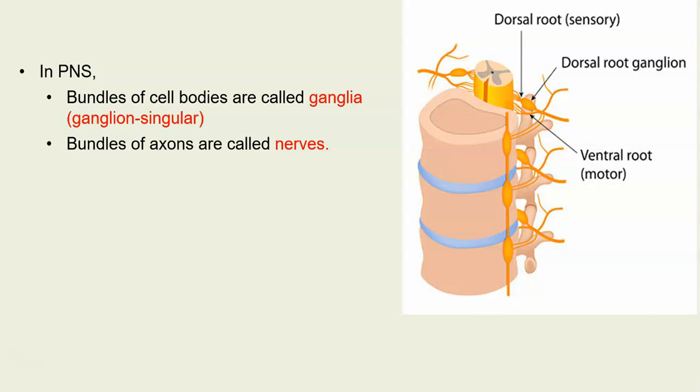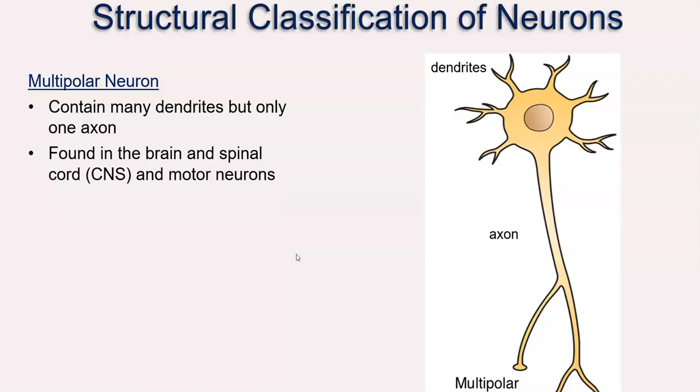Just like in joints, where you can classify your joints by their structure, you can do that for neurons as well. We kind of draw all neurons as what we call multipolar, but not all of them look like this. These are the most common ones.